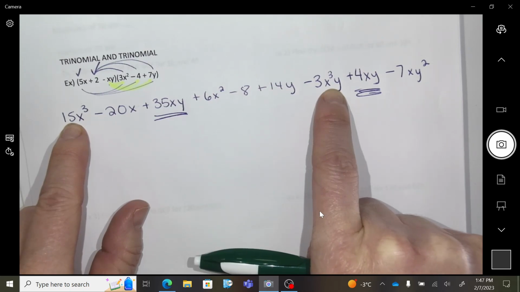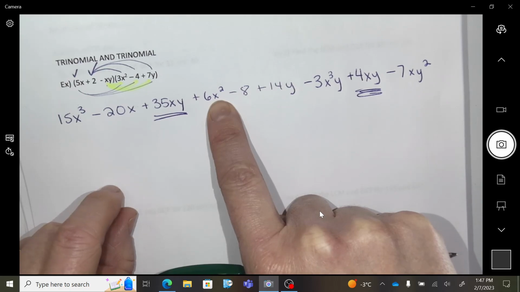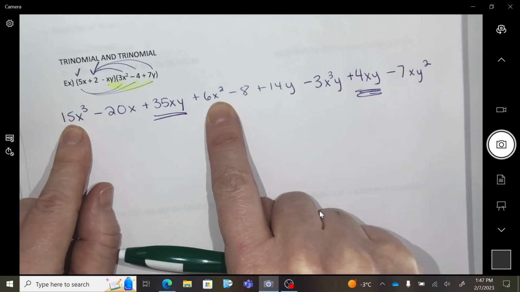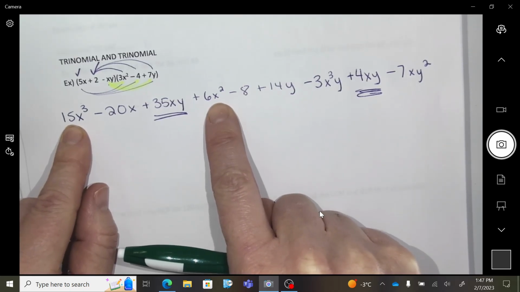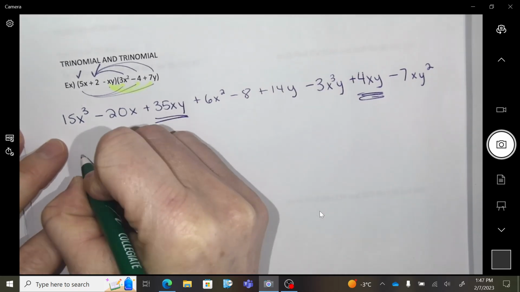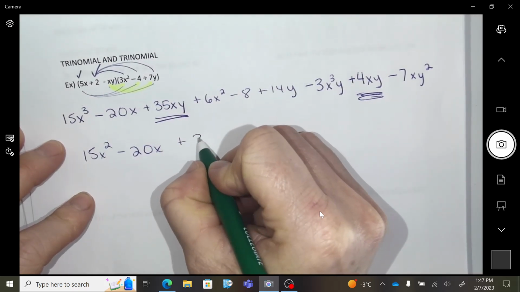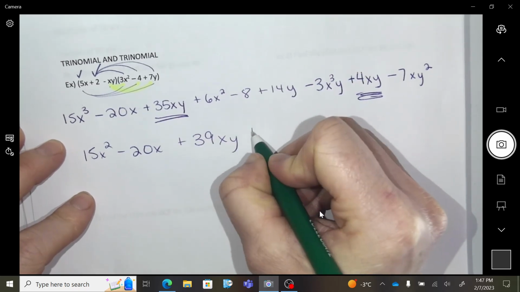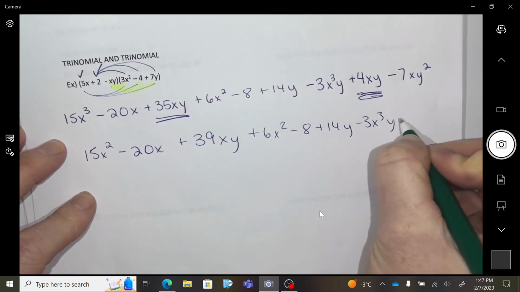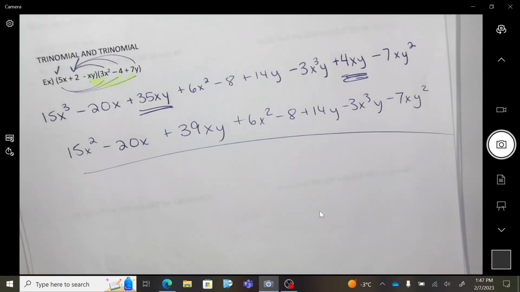Or where else am I looking? This one? What do you want to put that one with? With this one? No, because it'd be like doing volume with area. You know what I mean? You can't put volume and area together. Okay, so basically rewrite it all with 39xy. Woo, that was a doozy there.